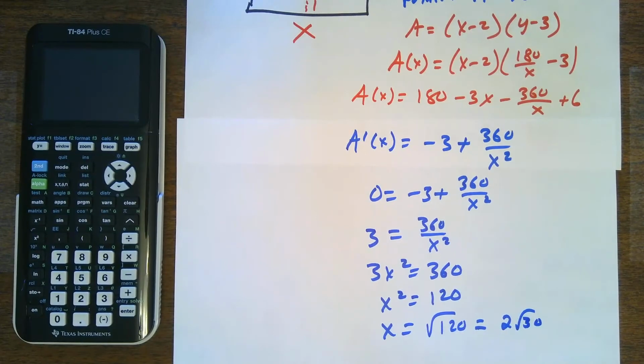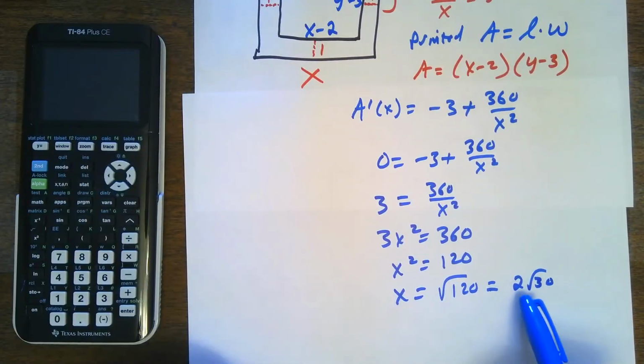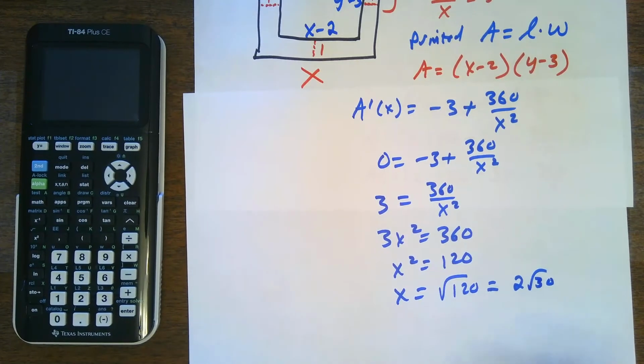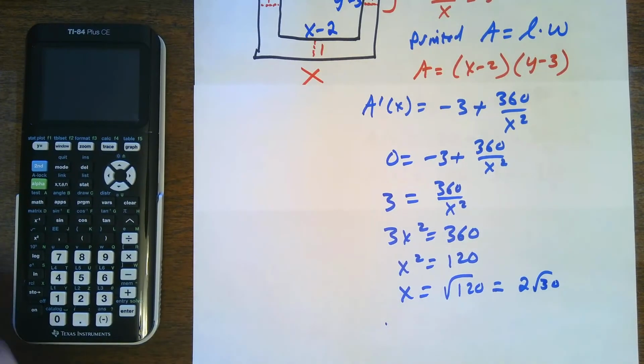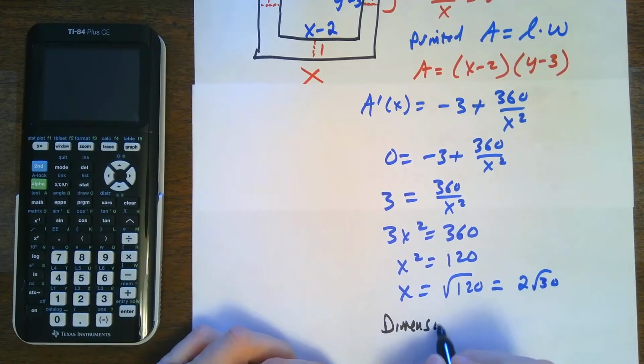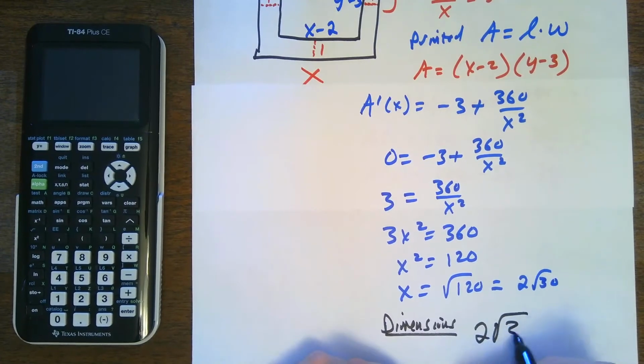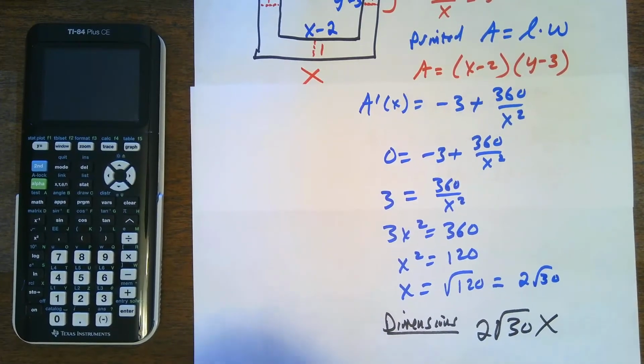So it wants me to find the dimensions of the printed material. So the dimensions are going to be of the poster, the x and the y. Well, I just found the x. So the dimensions are going to be 2 root 30 by, oh, I don't know the y value.